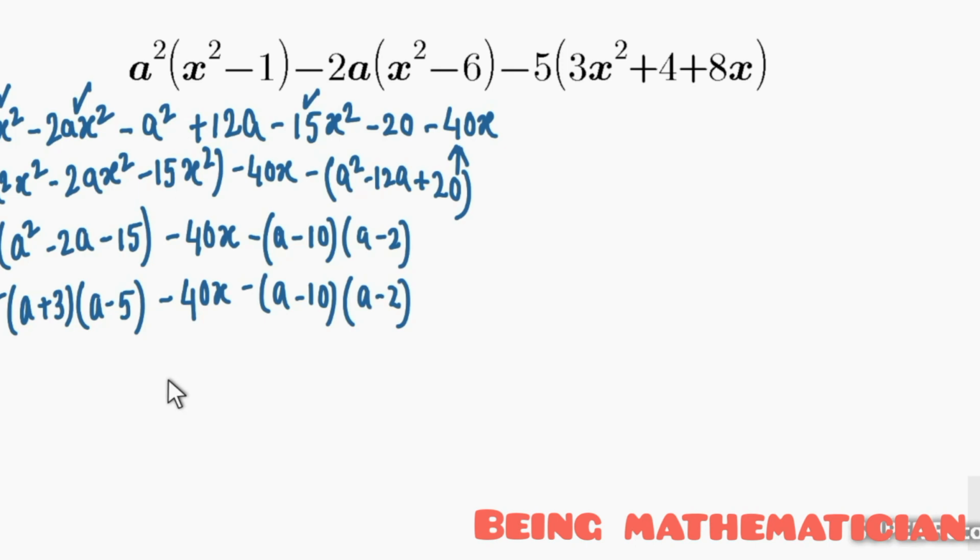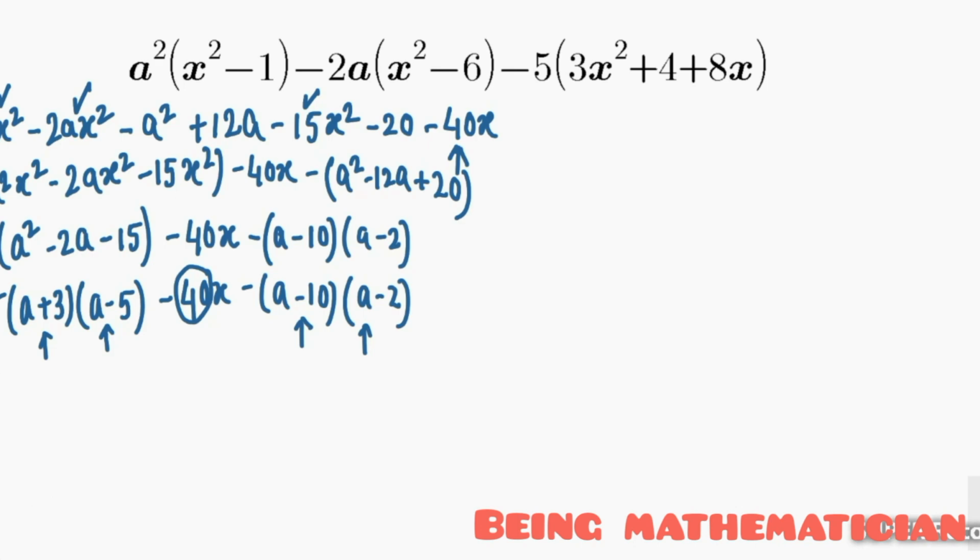So we apply middle term factorization on this whole expression. So we have the factors a + 3, a − 5, a − 10 and a − 2 to make 40.